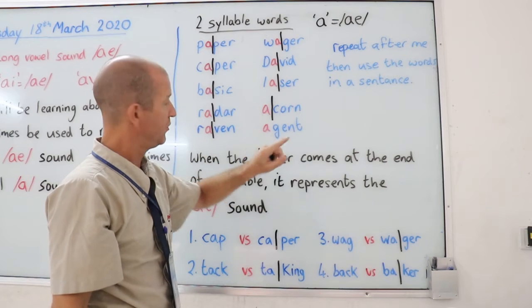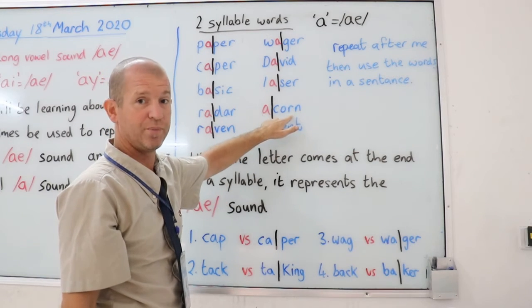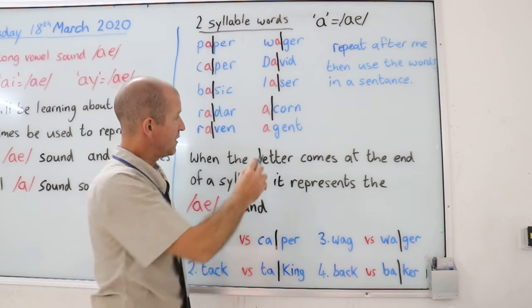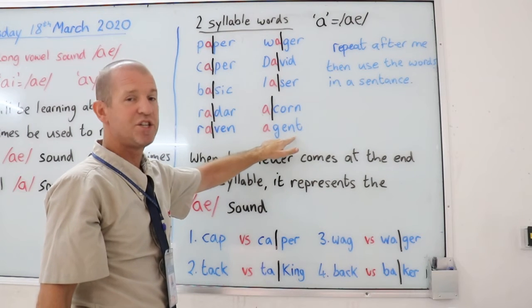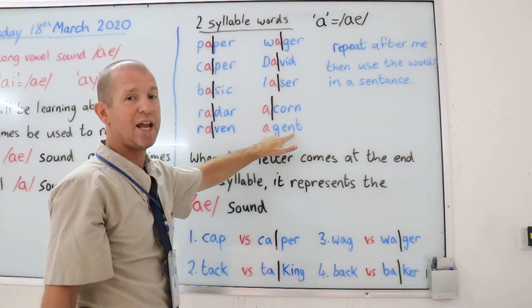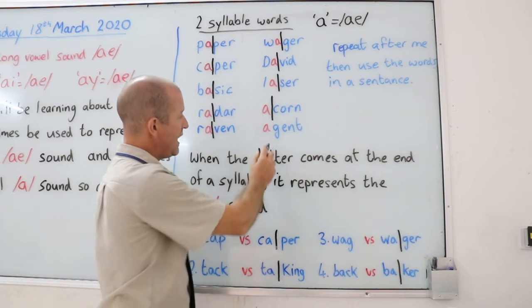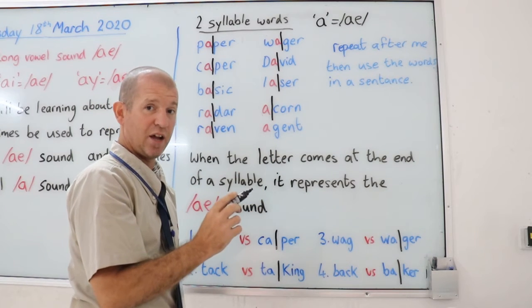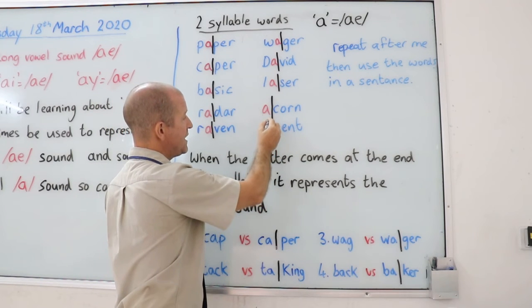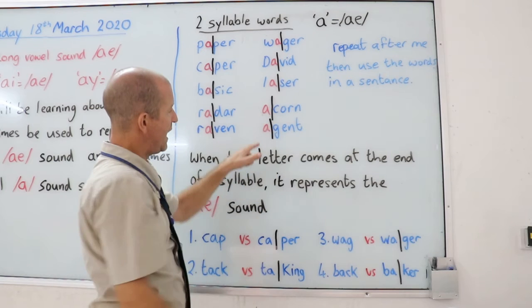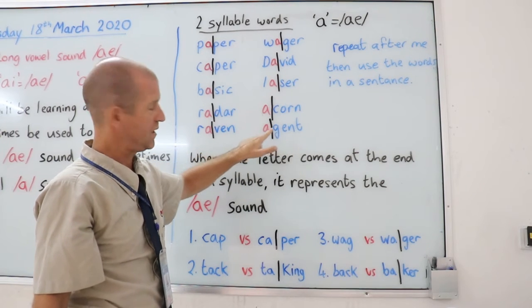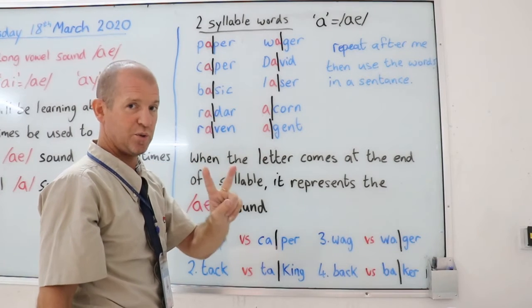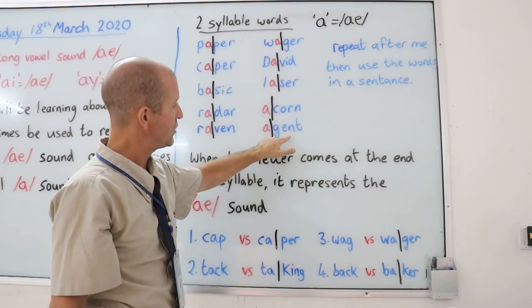Acorn, two syllables. And the same with this one. Agent, agent, agent. Again, the A that is usually an A sound changes to an A sound because the A is at the end of the syllable. Agent, two syllables.